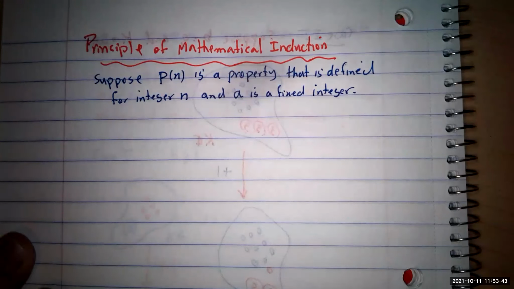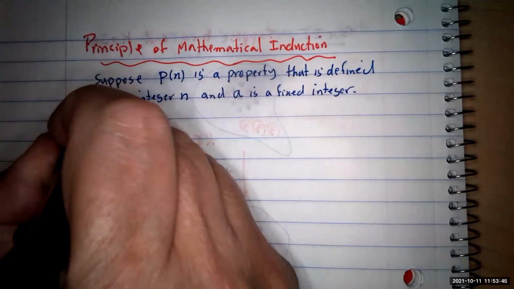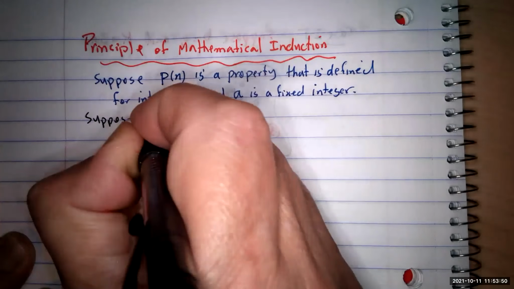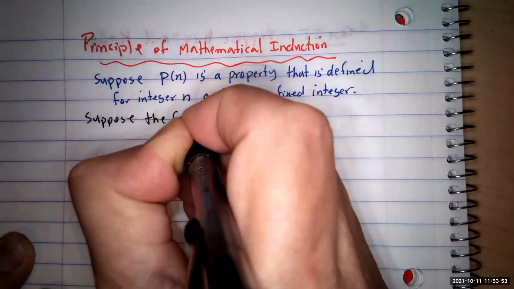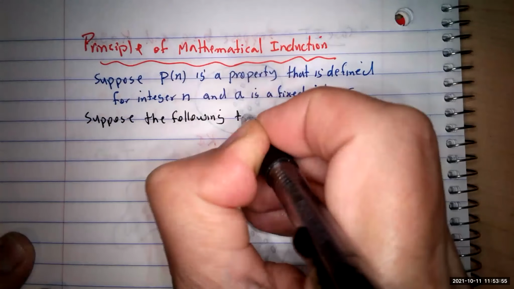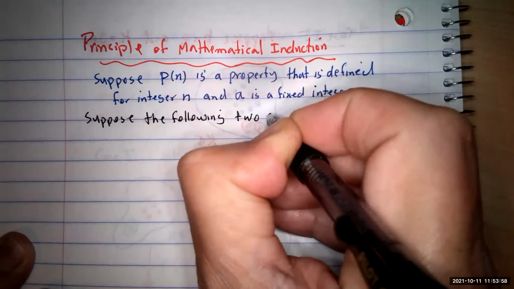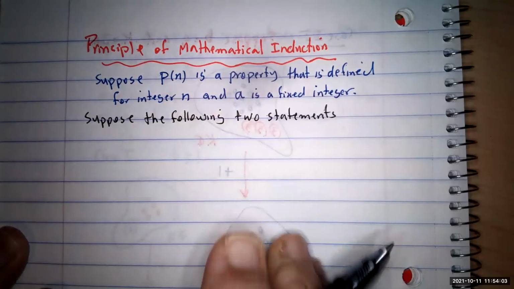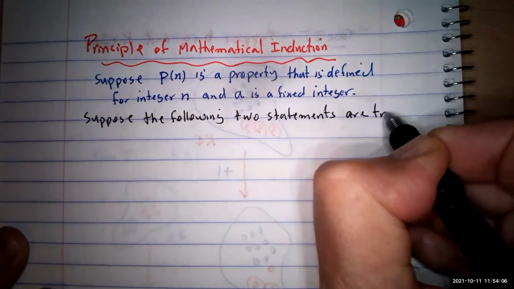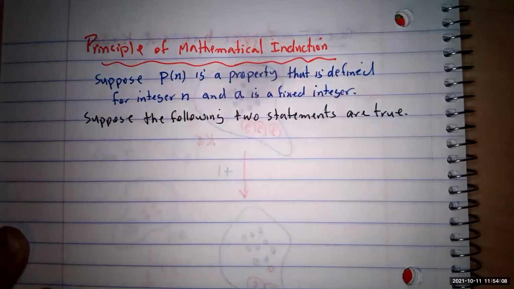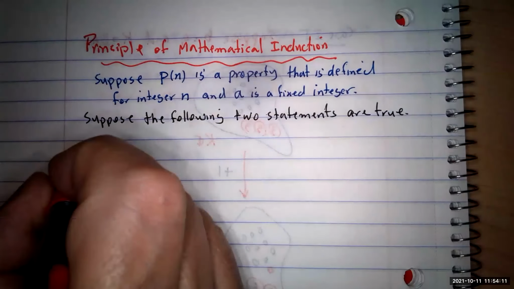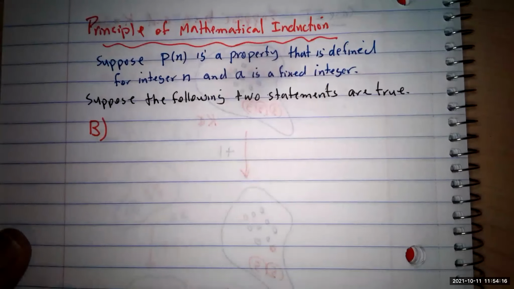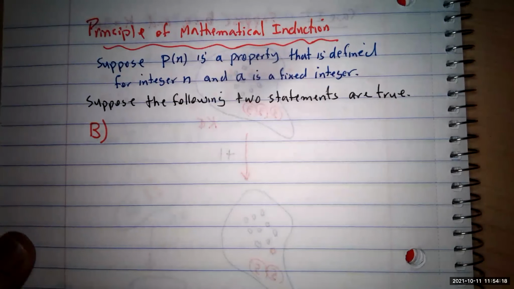Now we assume the following two statements are true. First one, we call it the basic step, denoted by B. The basic step is this idea: this property is true for the basic value.